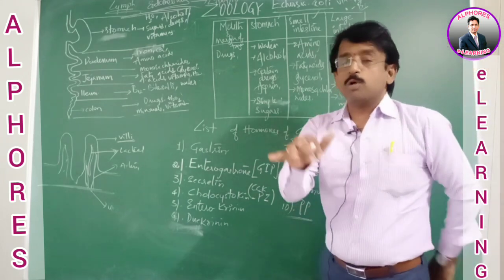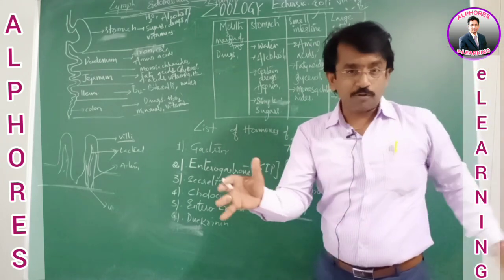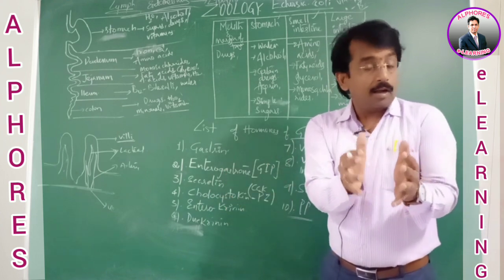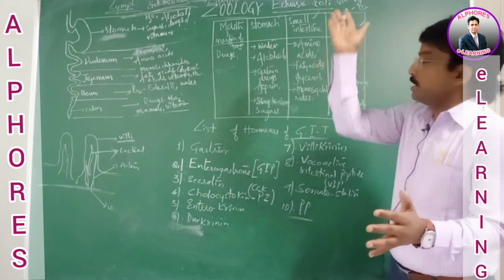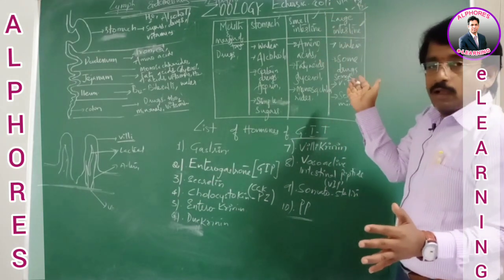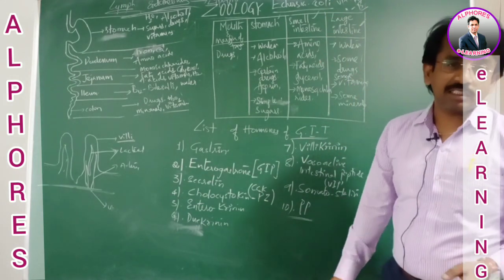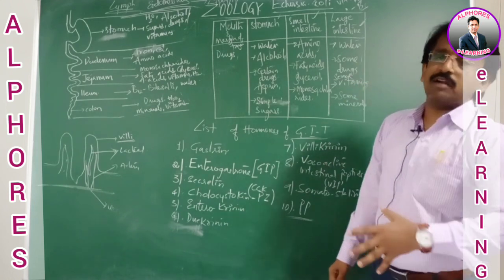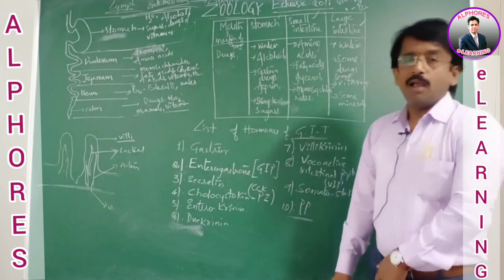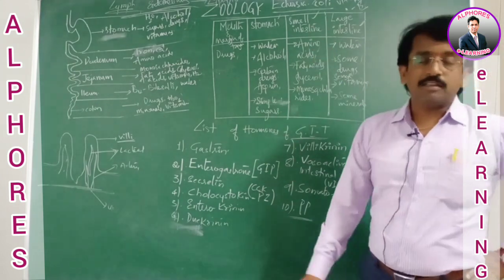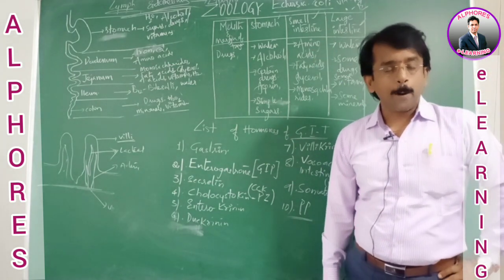Then the mucus is secreted, and absorption of water makes it dried pellets which are sent out through the anus. This expelling of the undigested, unabsorbed food to the outside is named defecation.